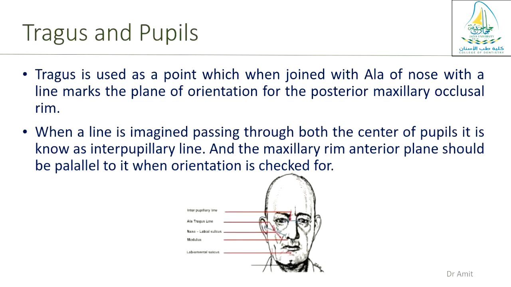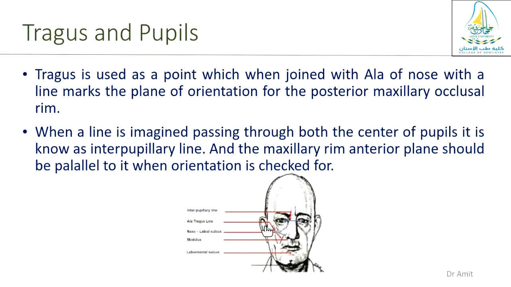Now, about the tragus and the pupil, we also need to consider two more anatomical points. First of all is the ala-tragus line. It is an imaginary line. Now, we have already seen this part of the nose is known as the ala of the nose. And we have one part here, the tragus, which is present in front of the ear, an elevation in the front of the ear.